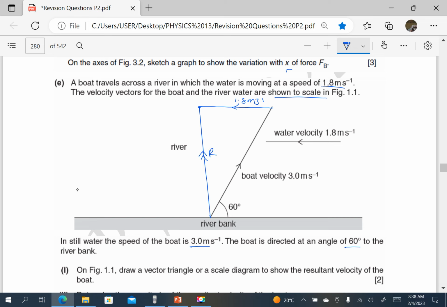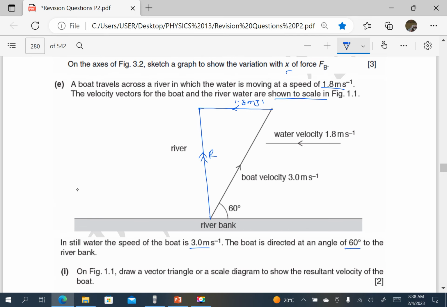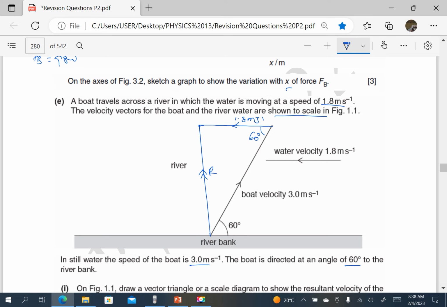Since it is drawn to scale, we can just find a scale and then use it to find the resultant, or you can calculate because you are using the same triangle. This angle is going to be 60 degrees. You can use the cosine rule because you have joined the vectors head to tail. But using the scale, let me check the scale.